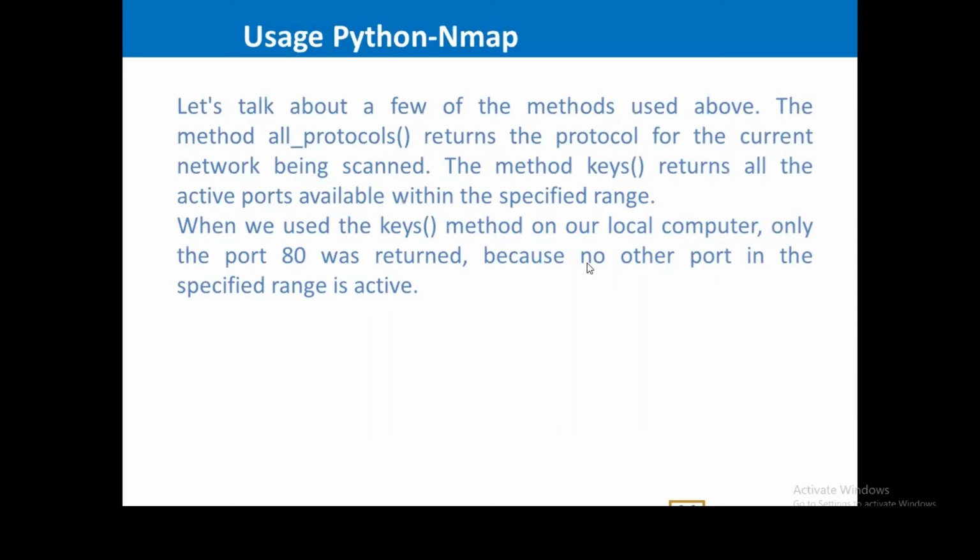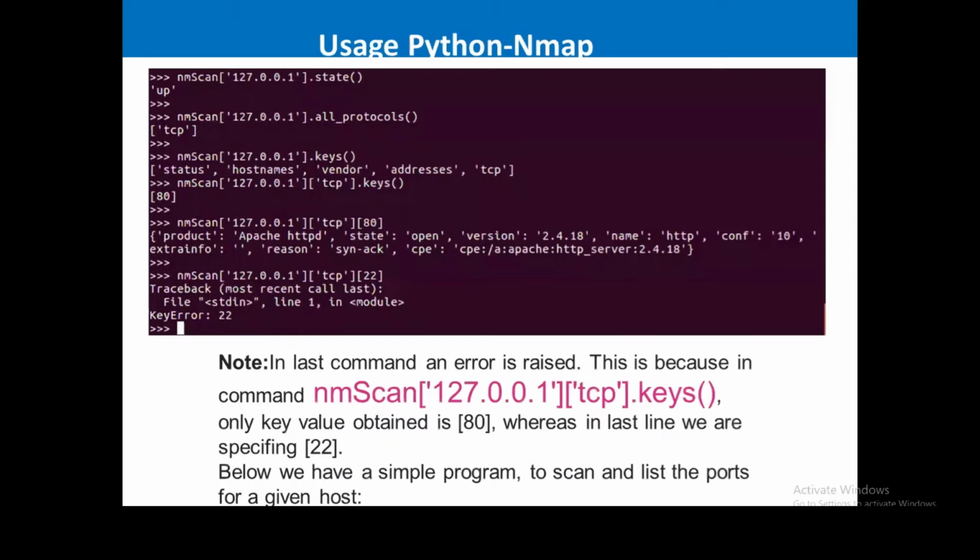When we used the keys method on our local computer, only port 80 was returned because no other port in the specified range is active. That's why I also asked us to do it on any domain of our choice. If you have any domain of your choice, run it on censusbit.com.